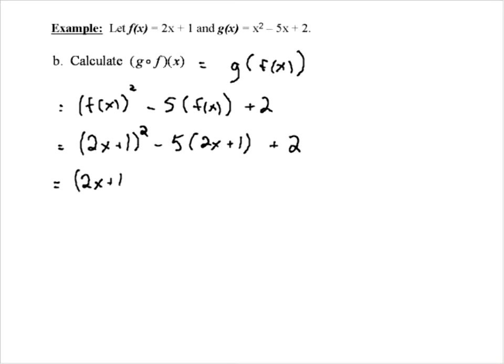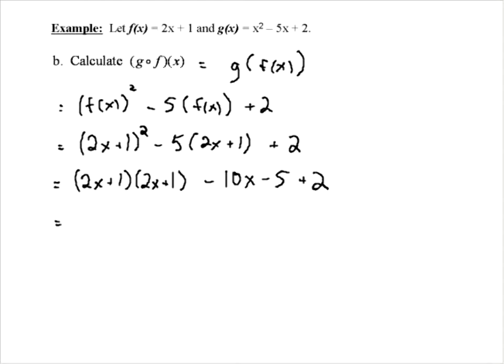When we square 2x plus 1, that's just the same as 2x plus 1 times 2x plus 1. We're going to minus, and I'm just going to distribute this in right now, 10x minus 5, plus 2.